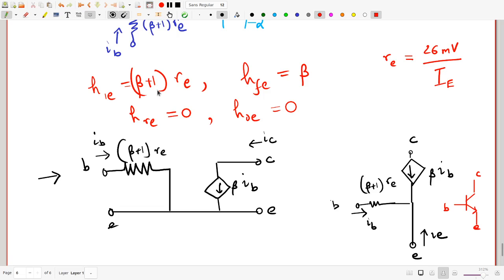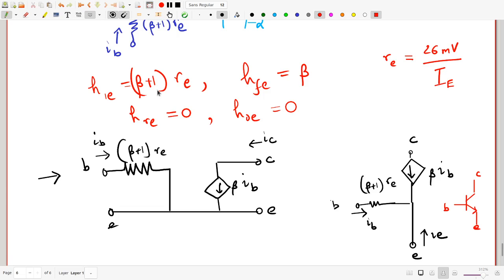In fact, you should have also realized by now that we could have analyzed our circuit without using the full glory of the H parameters, just by using this simple effective circuit, just one resistance (beta plus 1) RE between the base and the emitter and a current source beta IB. That would work fine for most practical purposes.